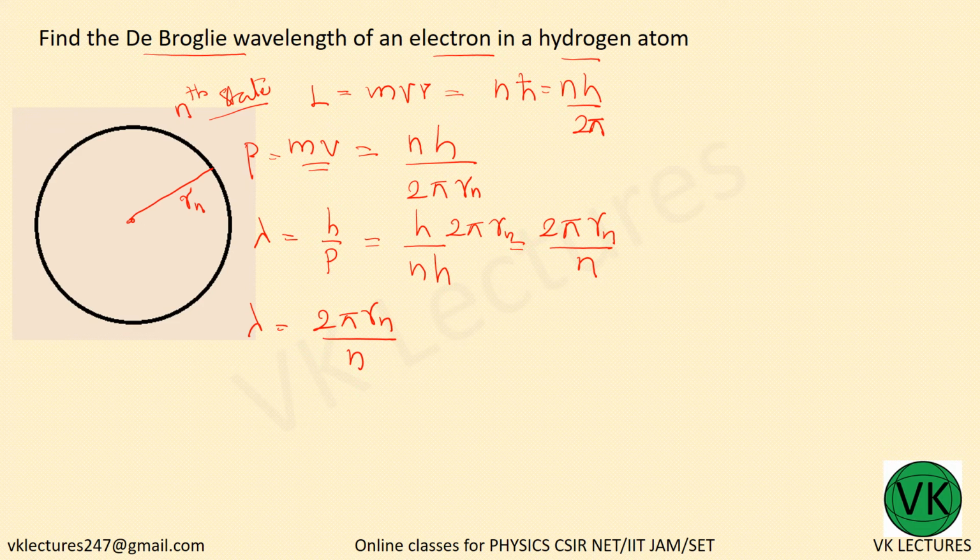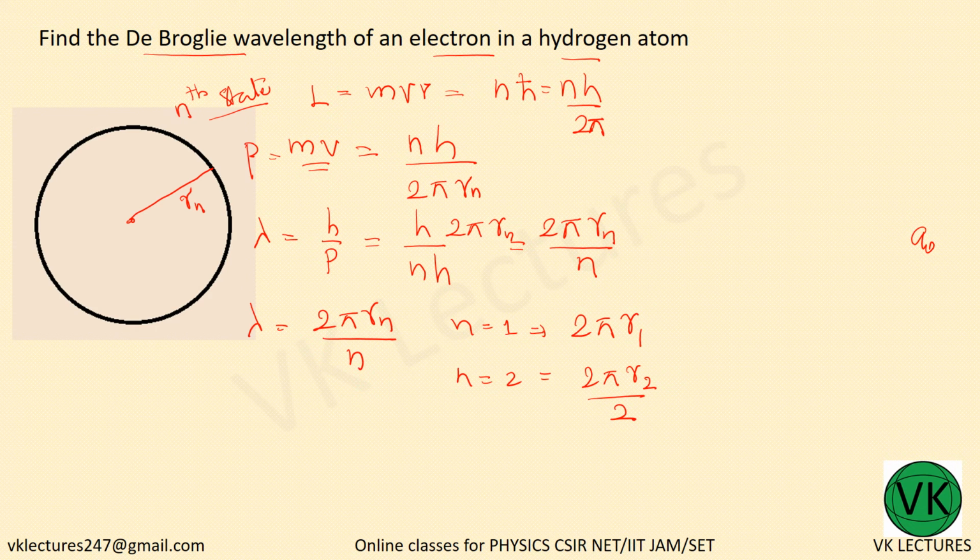So for n equal to 1, that means it is in the ground state, 2 pi r1. This r1 is nothing but a0, the ground state radius of a hydrogen atom, 0.5 angstrom. So when n equal to 2, you write 2 pi r2 divided by 2, where r2 is the radius of the second orbit.